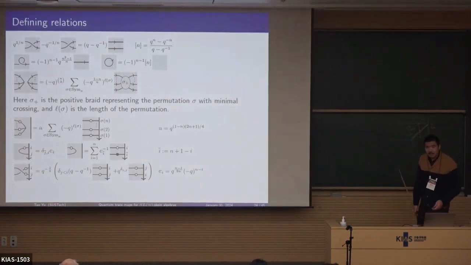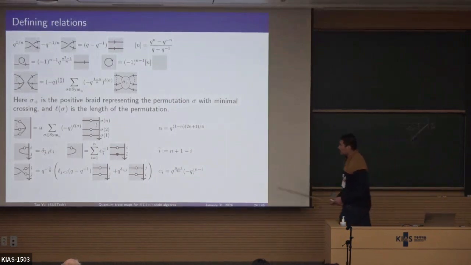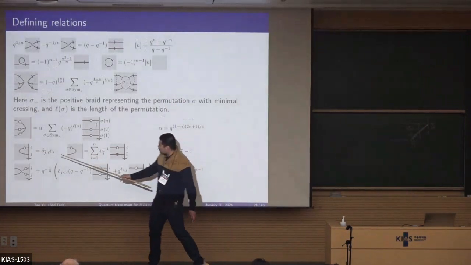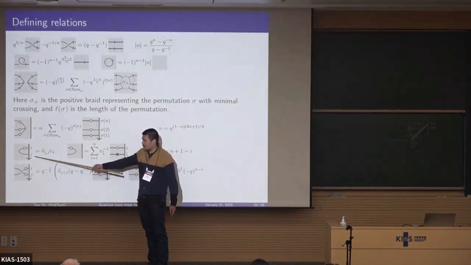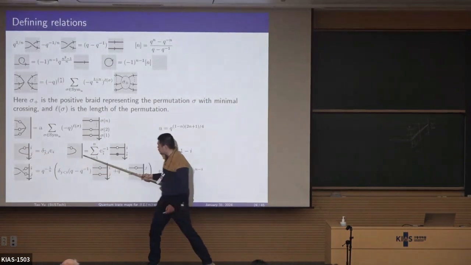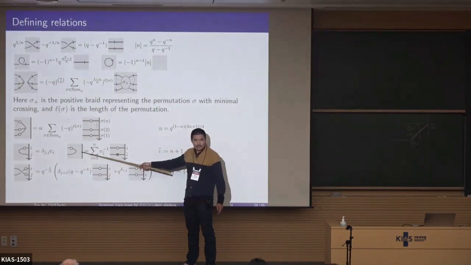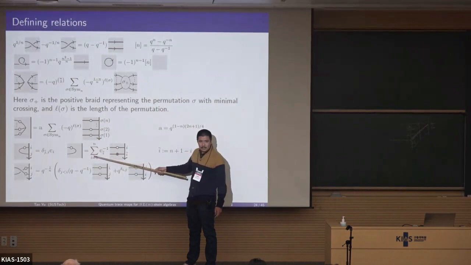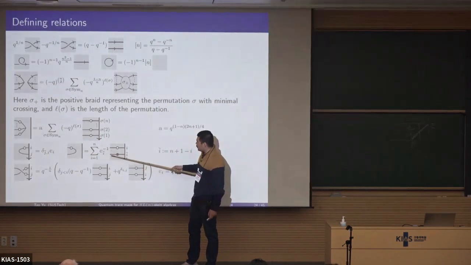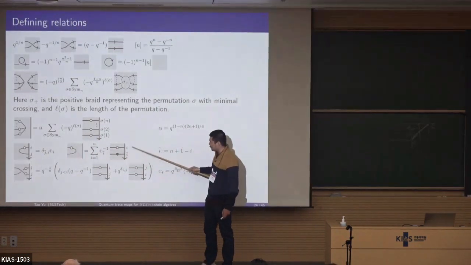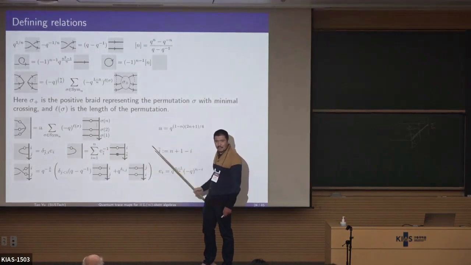I mean, what I said was that this diagram corresponds to the evaluation morphism. This is the co-evaluation. Yeah, because co-evaluation will have V and V dual. So they have opposite orientation.